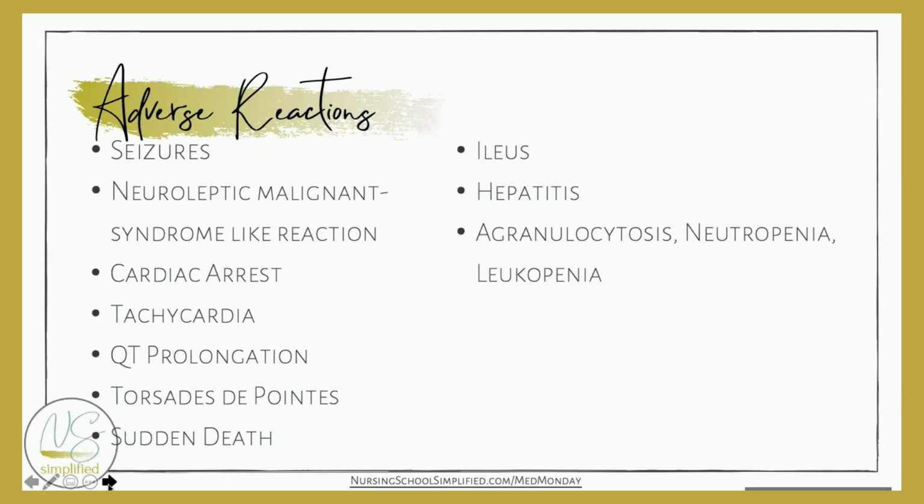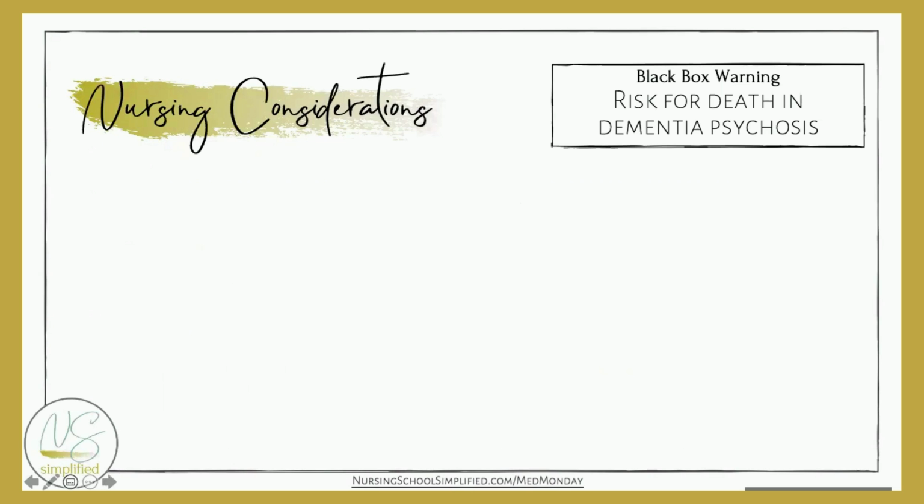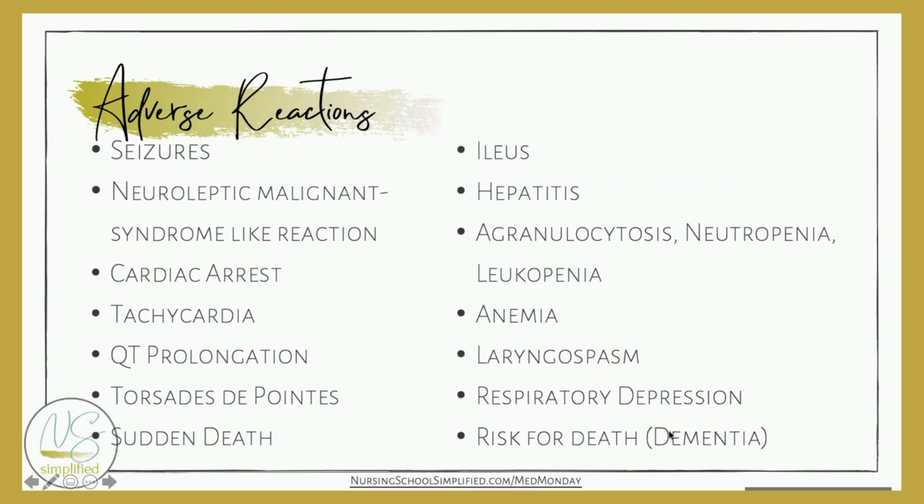And if you want to know what those are, I did do a podcast series on those. Anemia, laryngospasm, because it can cause airway obstruction, respiratory depression, and risk for death in dementia patients.